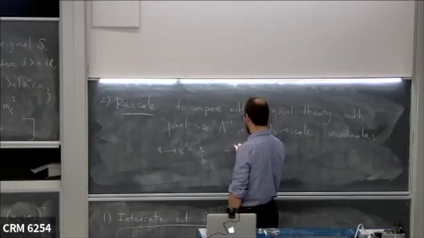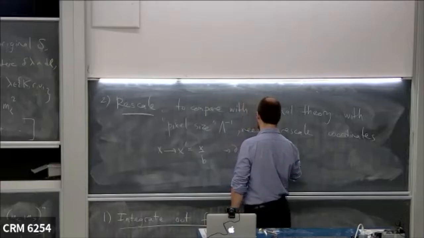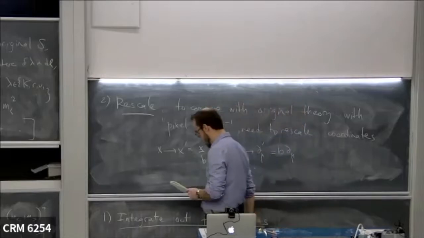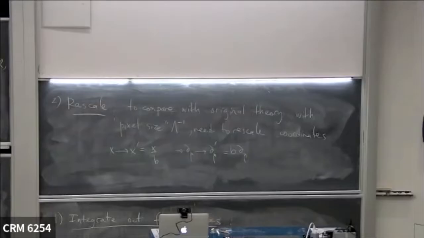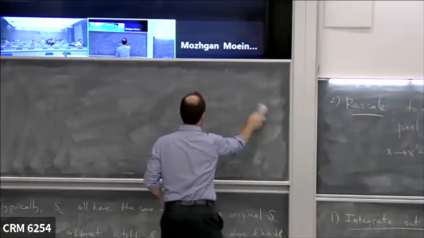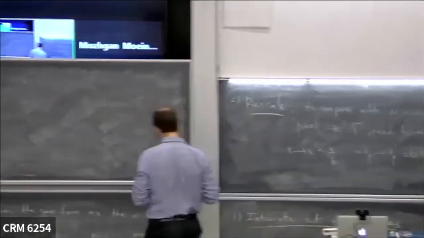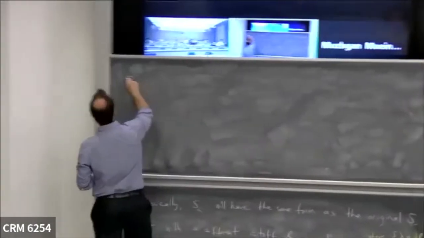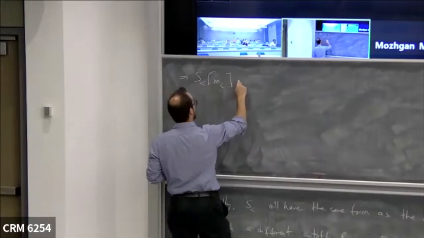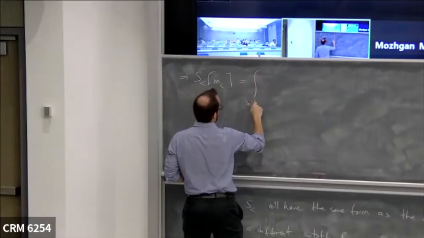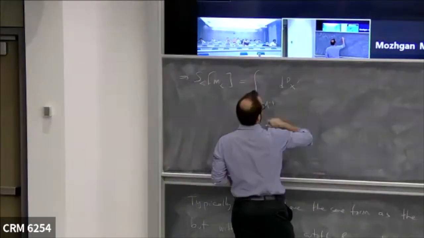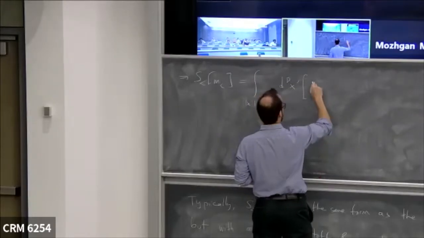So the derivatives will be replaced by derivatives with respect to x prime, so they'll pick up a factor of b. If we write this action in the rescaled system of coordinates, we'll get the following. S lesser of m lesser is the integral over x prime, with now the same cutoff we started with, but now various factors of b show up.